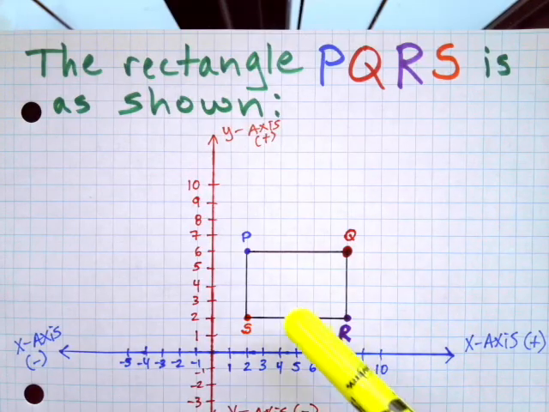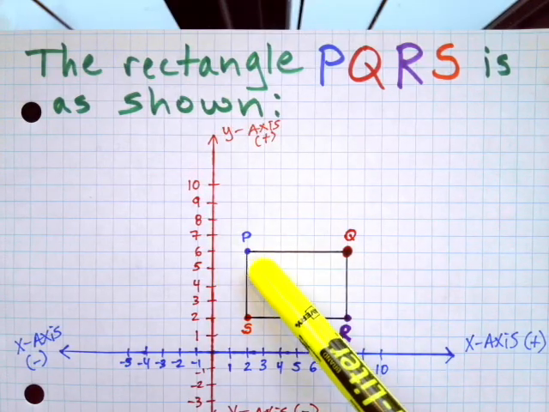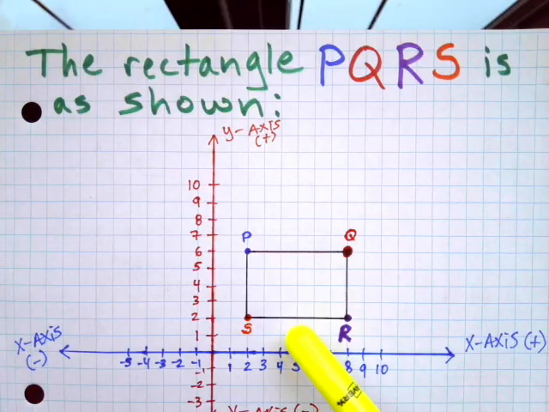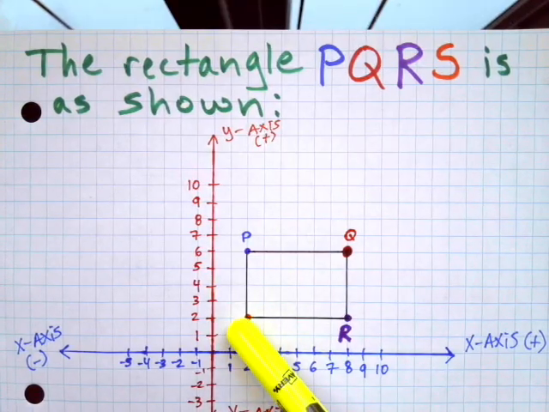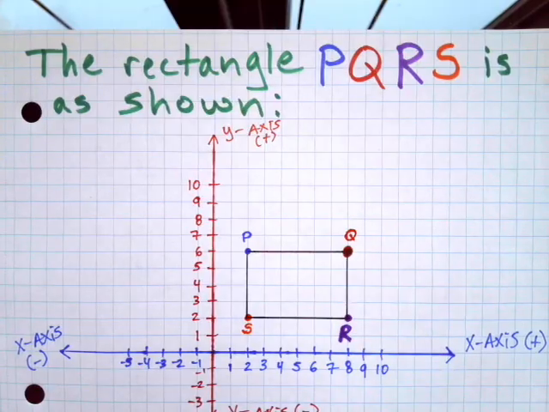A diagonal we're going to find is either from point P to point R or point S to point Q. And I've tried to color coordinate them for you.